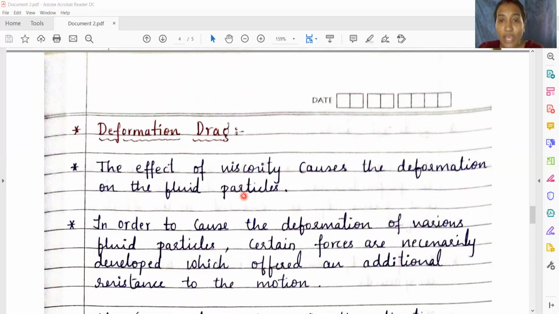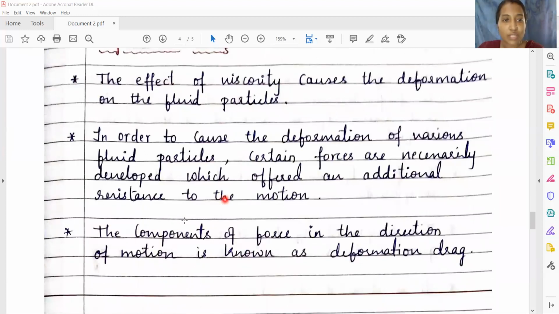Because of that deformation, we have to offer additional resistance for that particular fluid element to escape from that deformation or that viscosity. To reduce that, we have to offer a particular resistance here. So the component of forces in the direction of motion is known as deformation drag here.